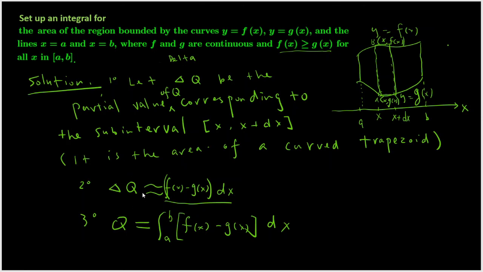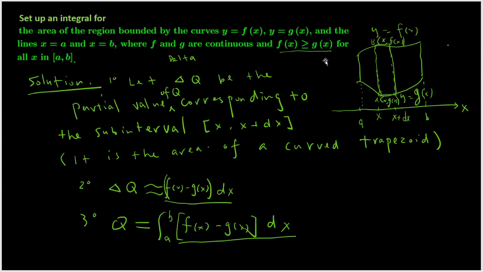The left-hand side is a tiny partial value of Q. On the right-hand side, you have an approximation of the tiny partial value of Q. The last step means Q can be calculated by integrating the approximations of tiny partial values of Q.